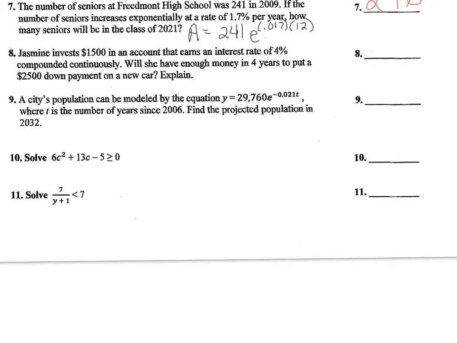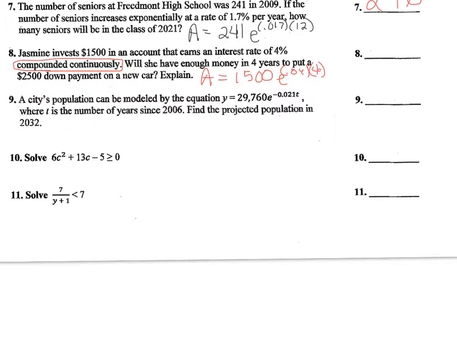So all you need to do is just put the amount. It's the PERT because it's continuous. It is for the first one. And the second one is just to compare. So it's $1,500 e to the rate, which is 0.04 times 4 years.